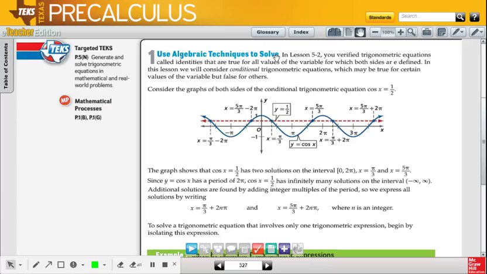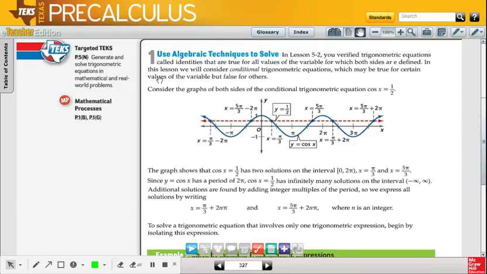So as described in the textbook, in lesson 5-2, meaning 5.2, you verify trigonometric equations called identities that are true for all values of the variable for which both sides are defined.